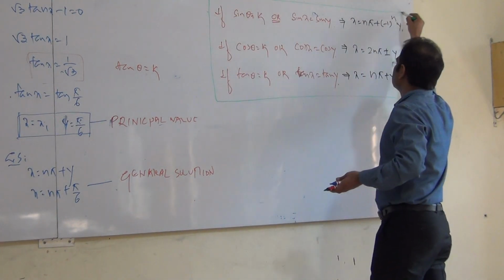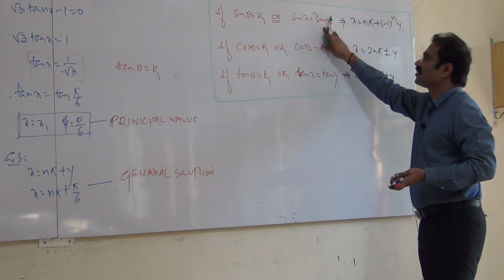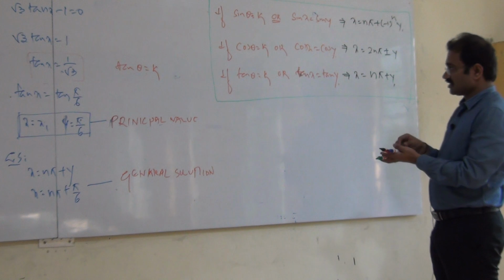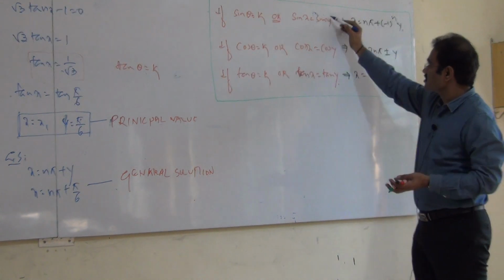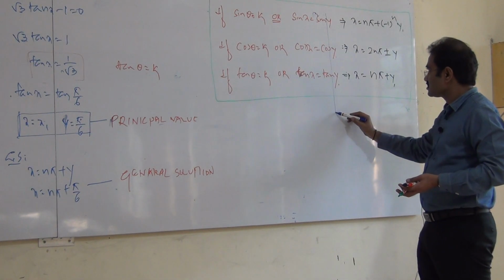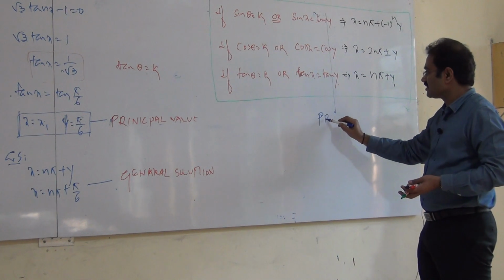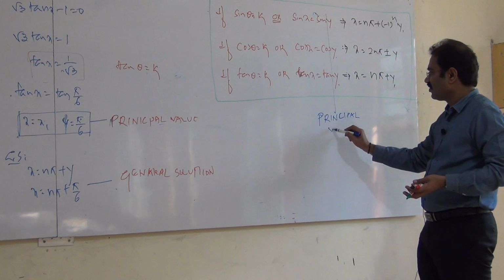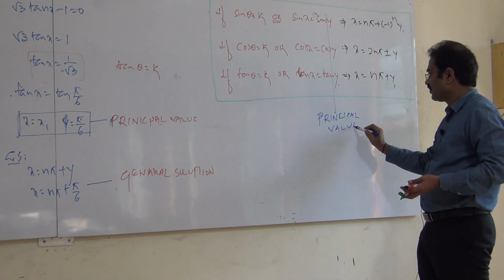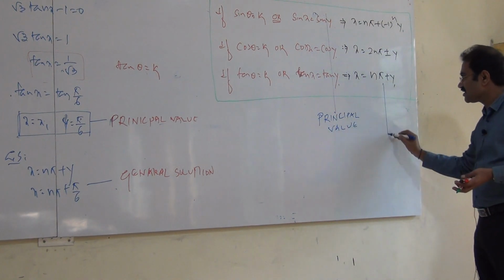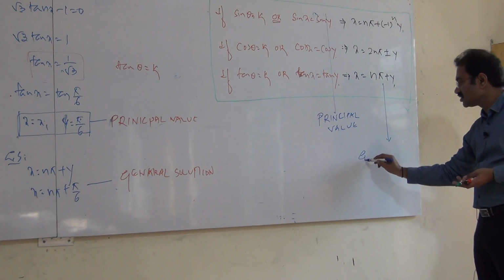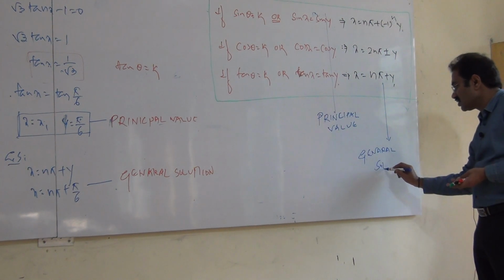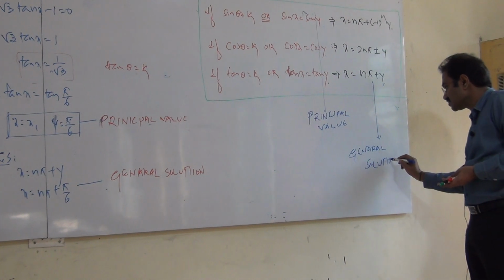You express in terms of sine theta equal to k, then it becomes like this. This y is known as, what is this? Principal value. And this is known as what? General solution.